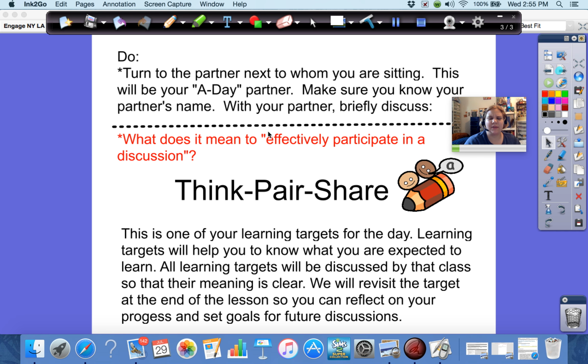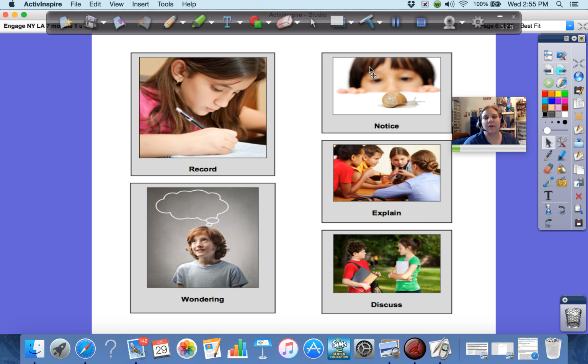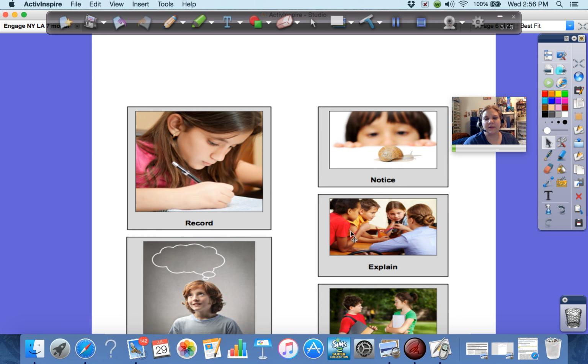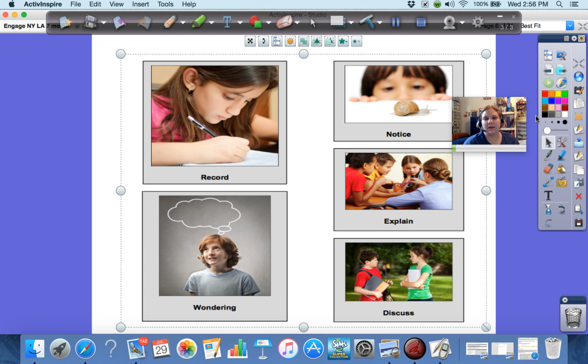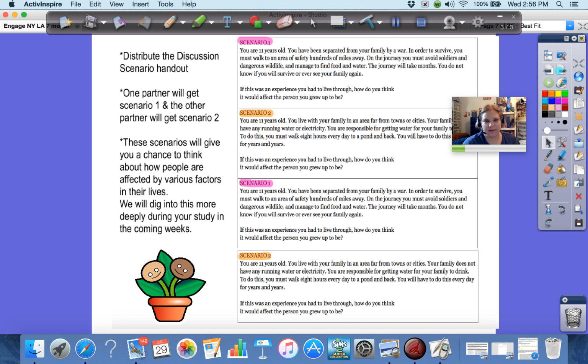Okay, so you would do that in class. What does it mean to effectively participate? And this is one of the main things you're supposed to learn in this first lesson, and all of these learning targets will be discussed so everybody can do all of these things, okay, in class, especially right here, this discussion and explaining. Okay, so the scenarios.